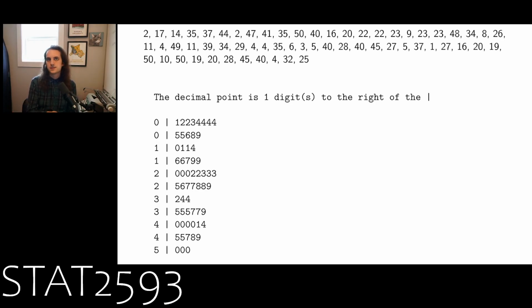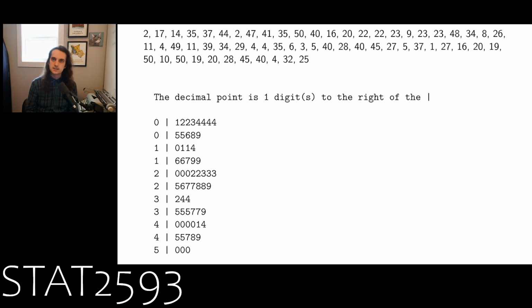And then the ones column is going to be somewhere between a 0 and a 9, okay? And so all a stem and leaf plot does is you first sort your data, and then you break off your leftmost digit, and you place that on the left side of a bar. And then on the right side of the bar, corresponding to each of those digits, you place in your rightmost digit, okay?